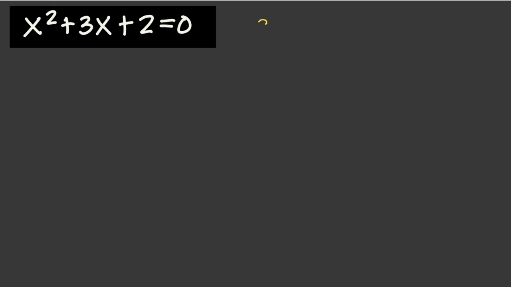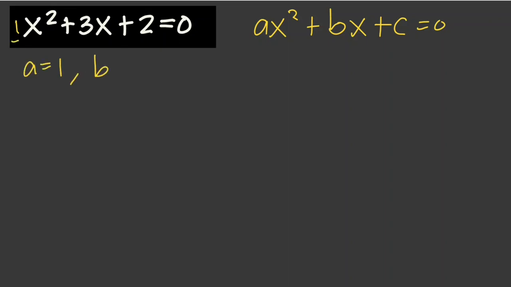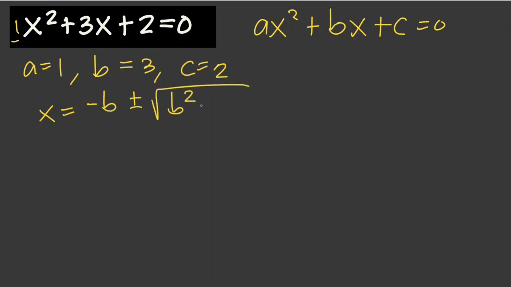So based on our standard form of the quadratic, ax squared plus bx plus c, our a here is just equal to 1, and our b is just equal to 3, and c is just equal to 2. And now we can plug in all of these values to the formula: negative b plus minus square root of b squared minus 4ac over 2a.